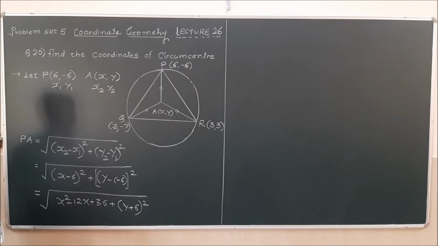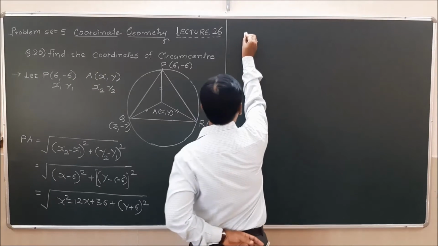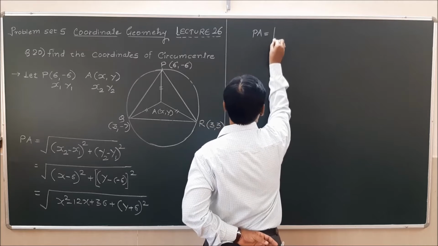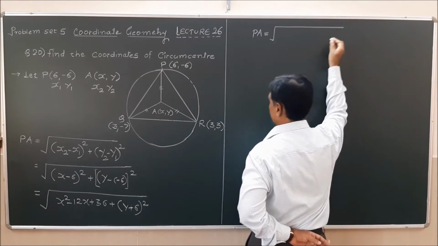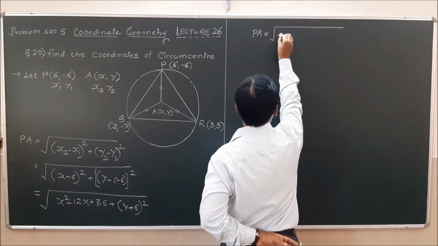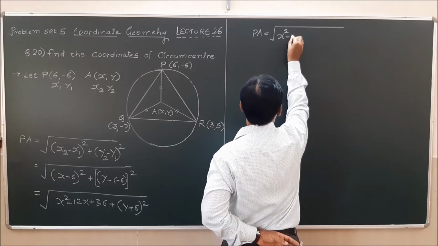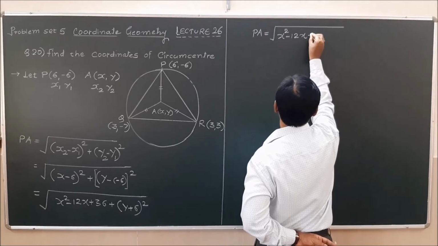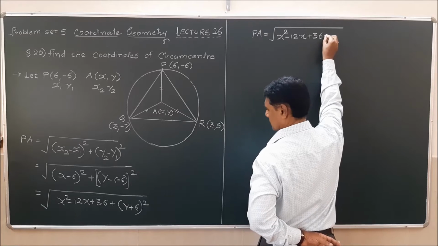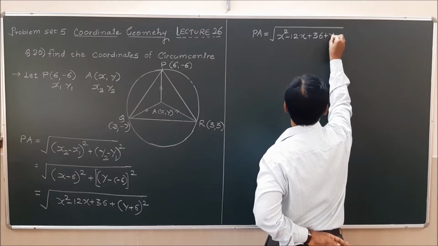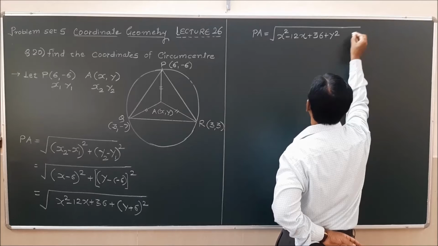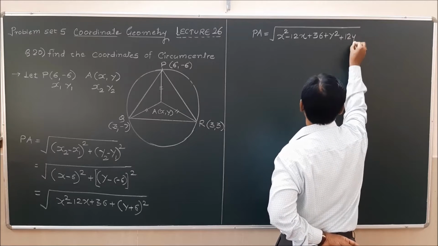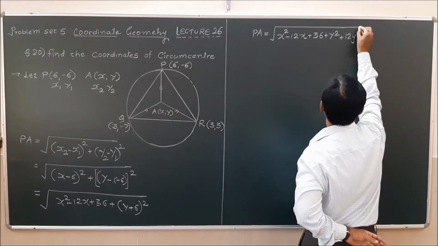So let's continue. PA is equal to root of x square minus 12x plus 36, plus y square plus 12y plus 36.